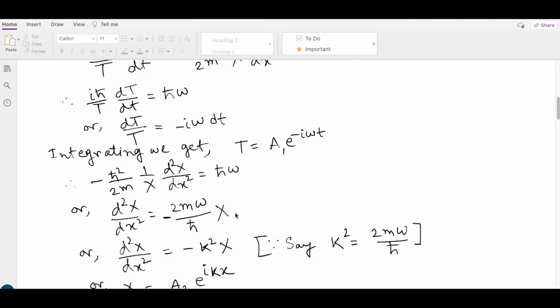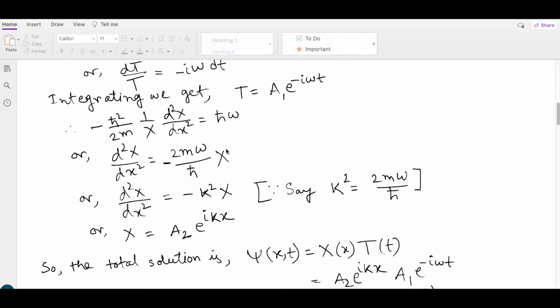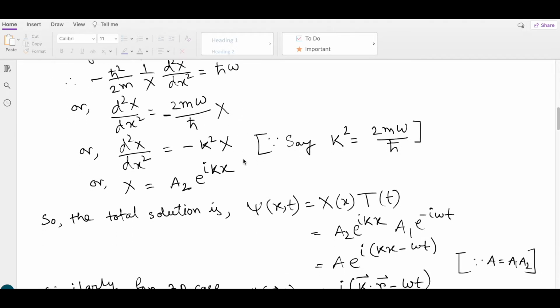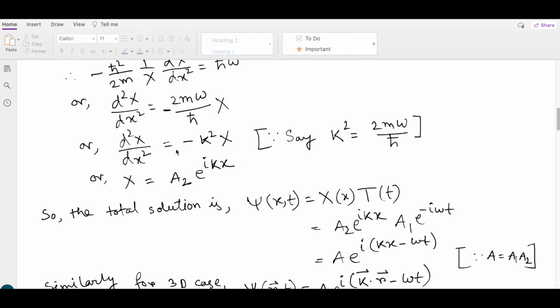and taking all the parts to the right hand side of the equation and writing 2mω/ħ as k², we get this form of equation, and we are very familiar with this kind of equation.